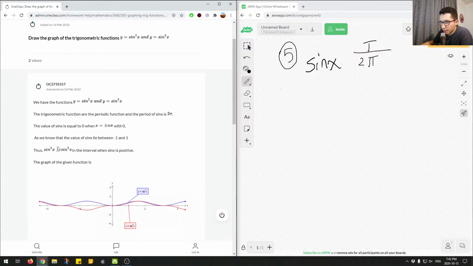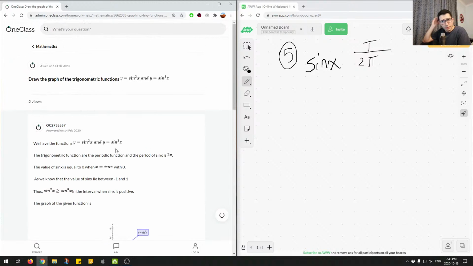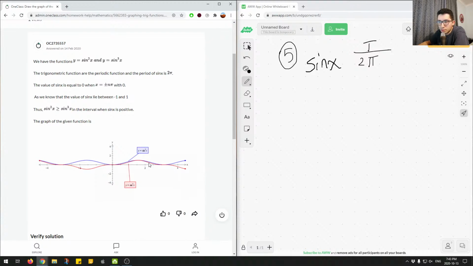Here, sine squared x is greater than or equal to sine cubed x in the interval when sine x is positive. And then they plot the two graphs. One way to plot these two functions is to substitute, let's say, 1, 2, 3, 4, and so on, and just draw dots.